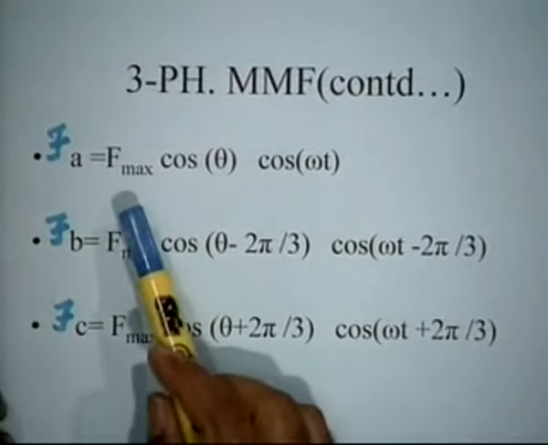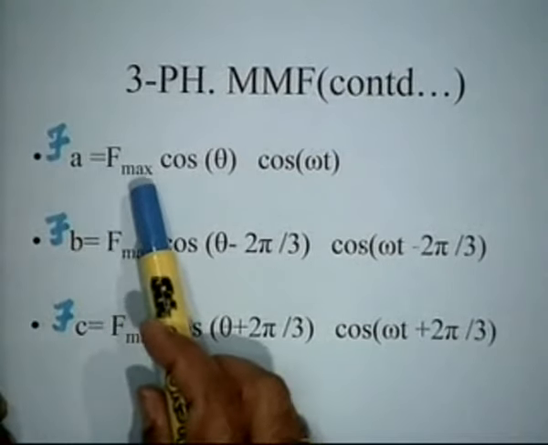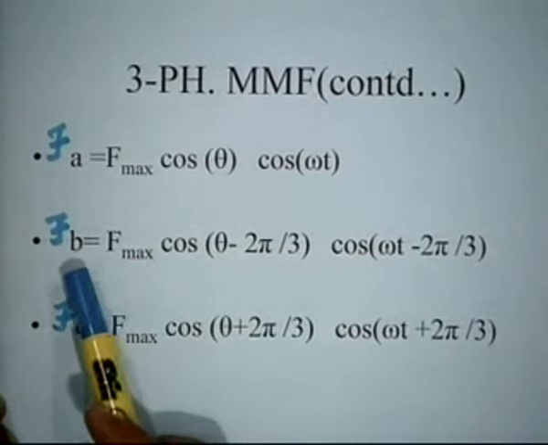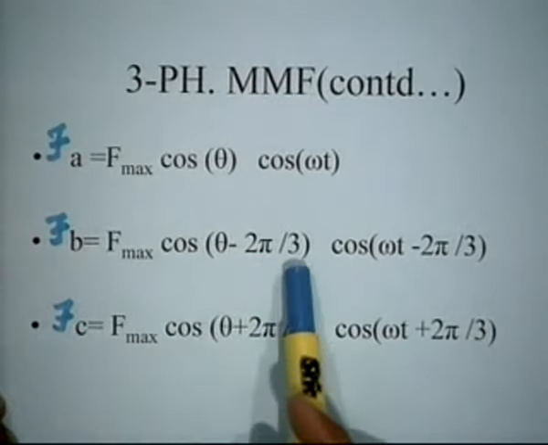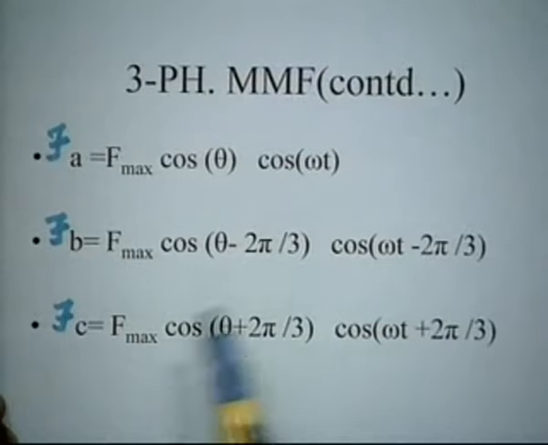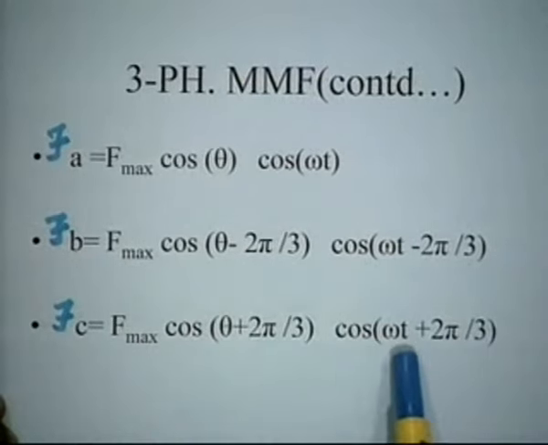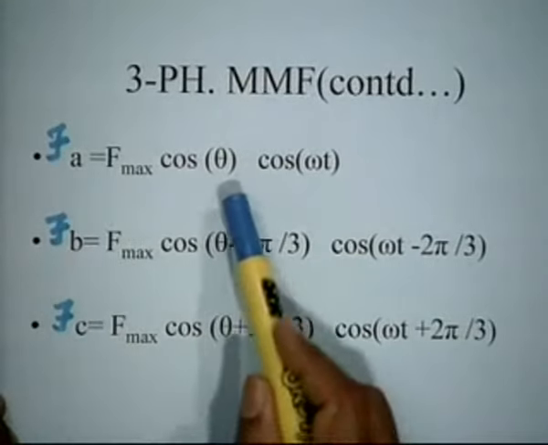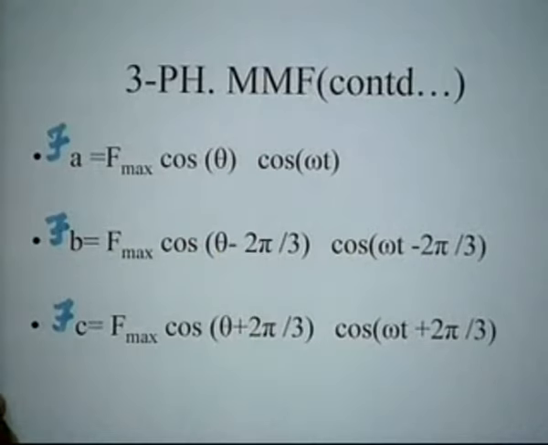Therefore, we can write similarly, FA is F max cos theta cos omega t, FB is F max cos (theta minus 2 pi by 3) cos (omega t minus 2 pi by 3), FC is F max cos (theta plus 2 pi by 3) cos (omega t plus 2 pi by 3). Now, we have all of the 3 MMFs which are changing with space and changing with time.